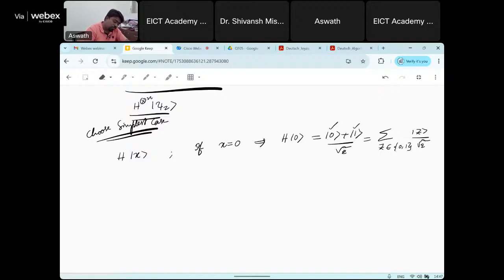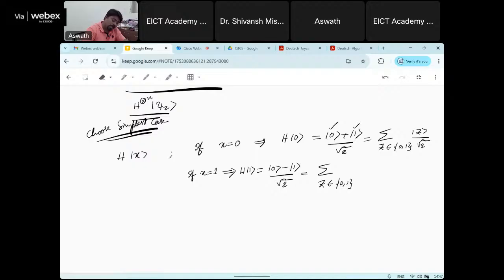Now choose f(x) equal to 1. In that case, what will be the action of Hadamard on 1? As you know, it gives 0 minus 1 divided by square root of 2. The 0 ket and 1 ket are out of phase, 180 degrees out of phase. So if I write a summation just like the previous case, this time I want a minus sign for the 1 ket.